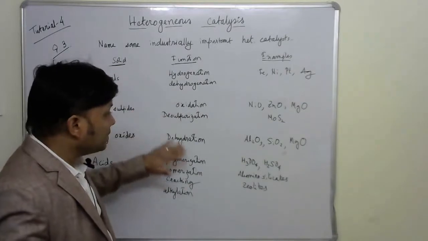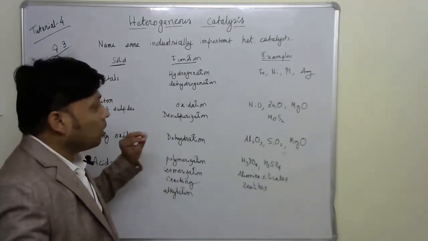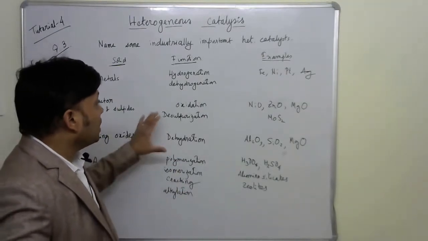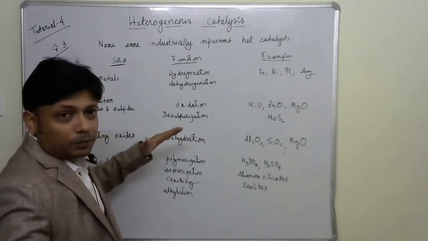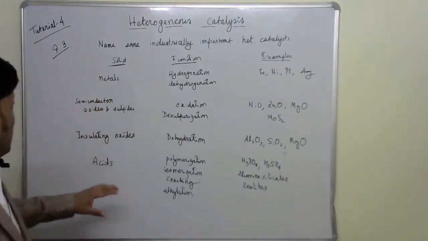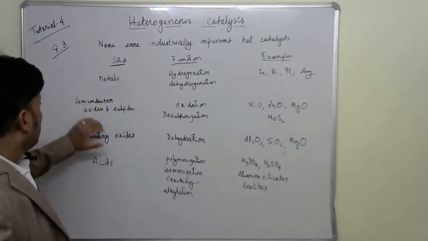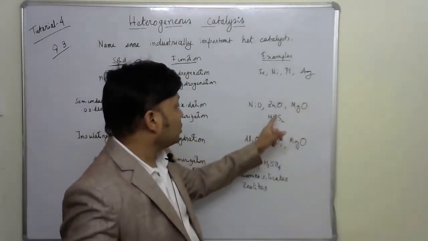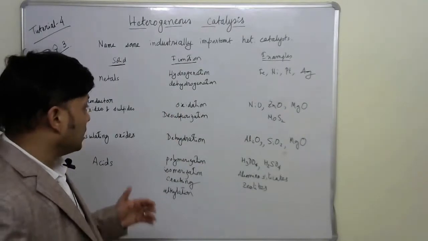Remember, all these examples are not done on a research laboratory basis, but are actually regular industrial scale applications. Next are the semiconductor oxides and sulfides like nickel oxide, zinc oxide, magnesium oxide, or molybdenum sulfide.